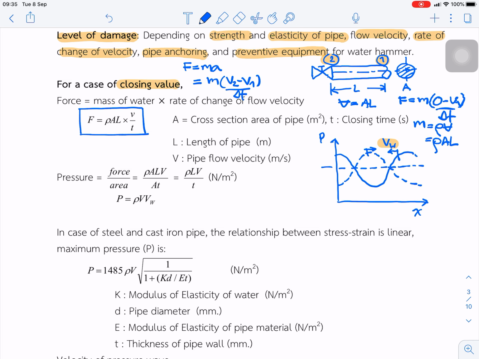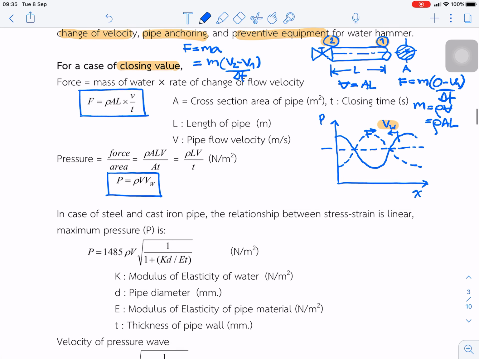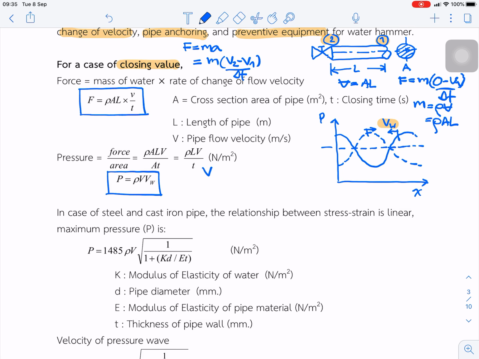And if we divide the force by area, that is pressure. Here V sub w is the pressure wave velocity, and V is the water velocity.